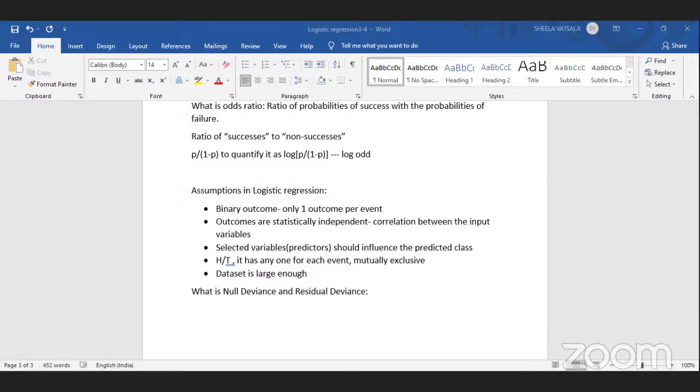Whenever we see there is not much difference between null and residual deviance, that means our predictors are not adding much value or are not significant enough in the model, right? Understand?